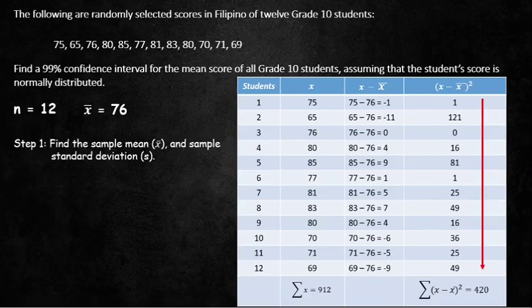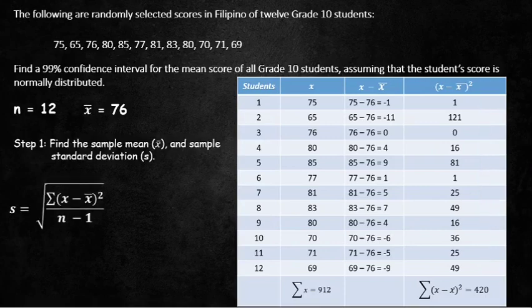We can now compute for the sample standard deviation. We will be using this formula wherein S is equal to the square root of the sum of quantity x minus x bar squared divided by n minus 1.